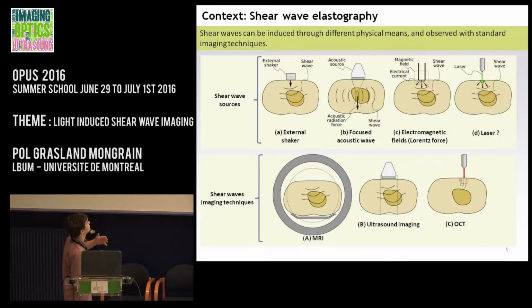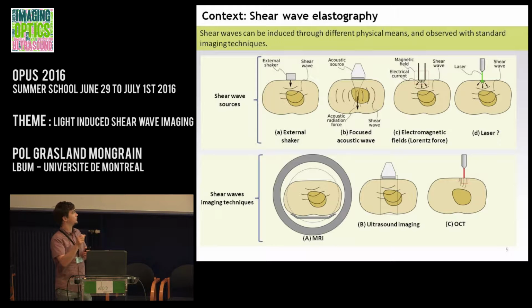So just to sum up, in shear wave elastography, we induce a shear wave, and this can be done with an external shaker or with a focused acoustic wave. I have shown a few years ago that we can also use an electromagnetic field.